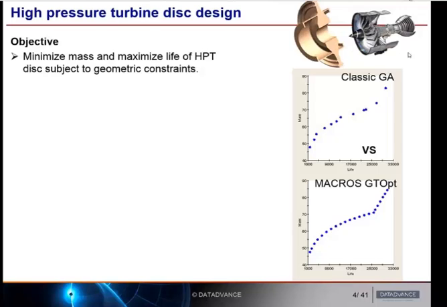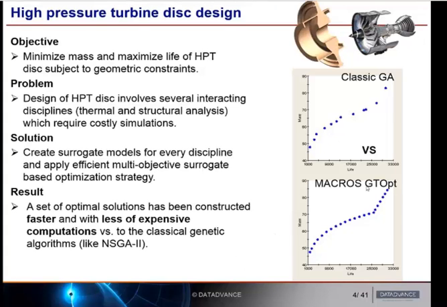So you can see that this is the Pareto frontier, the set of optimal solutions for two-dimensional optimization, which is constructed using the classical method, and here is the one which is calculated using our tool, and inside it macros GTOpt, which is also a part of our tool.